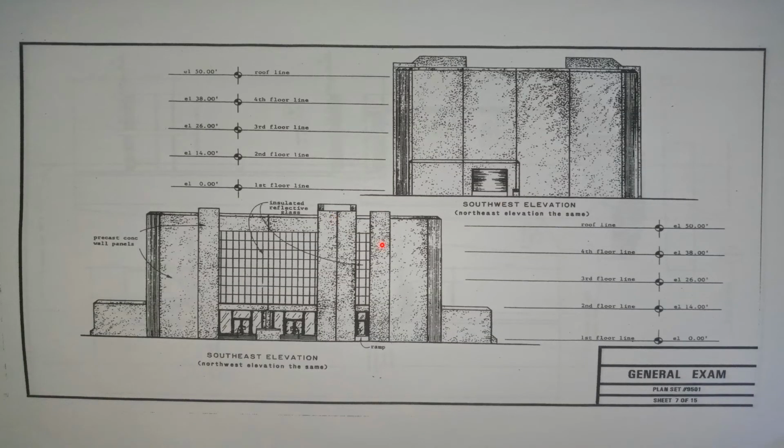Okay, so now here are the elevations. You have a southeast elevation, a southwest elevation, and all of these elevations of the first floor, second floor, and so forth.